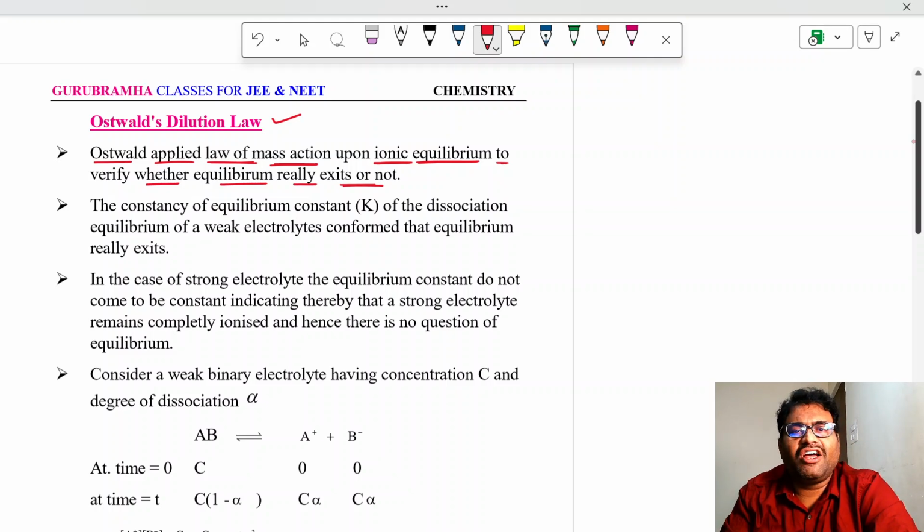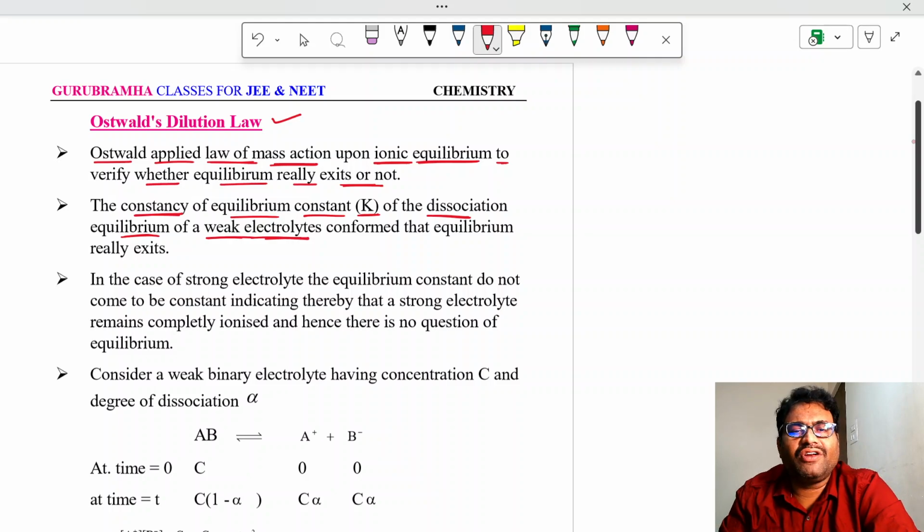So he applied the law of mass action to ionic equilibrium to know whether the equilibrium really exists or not. Later, what did he find? The constancy of the equilibrium constant. So the equilibrium constant remains constant for the dissociation, ionization equilibrium of weak electrolytes.